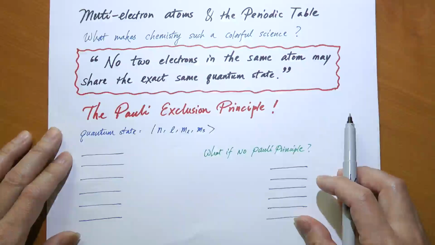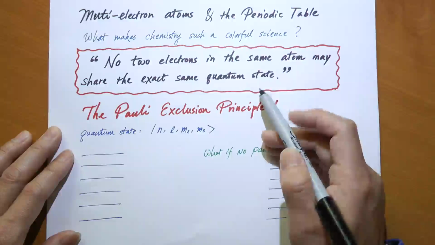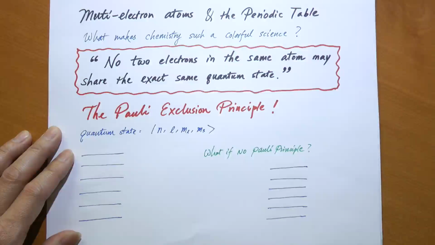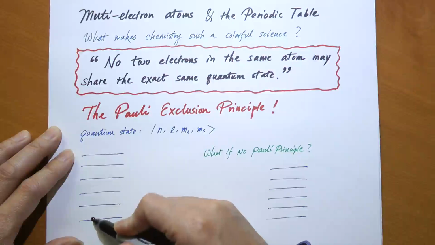Why do I say that it is the Pauli principle that makes chemistry such a colorful science? Well, we can take a look at what happens if we have a bunch of electrons. They need to satisfy the Pauli principle. If I have a bunch of electrons, where do I put these electrons in that atom? Well, electrons certainly want to go to the lowest possible energy, and so the first electron will go to the lowest possible energy level.